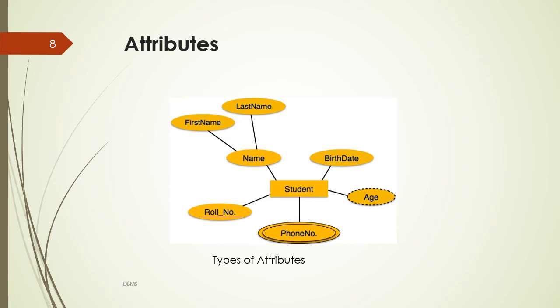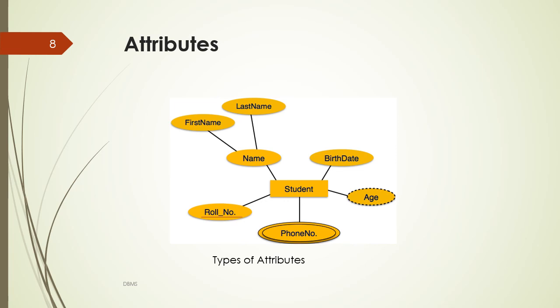A dashed ellipse shows you the derived attribute. How do you derive the attribute age? You can find the age of a student by using the current date and the birth date. So it is a derived attribute, that is, it can be derived from other attributes.